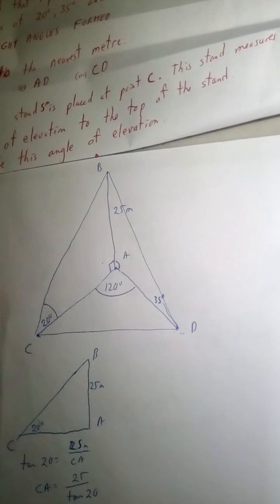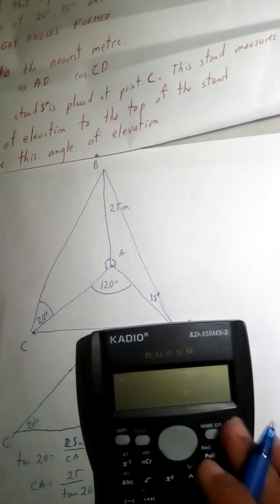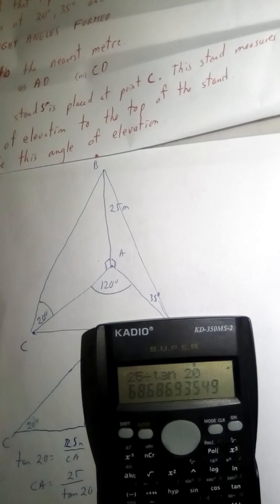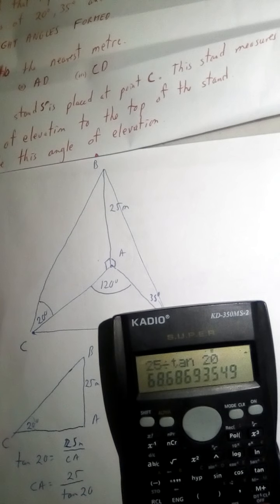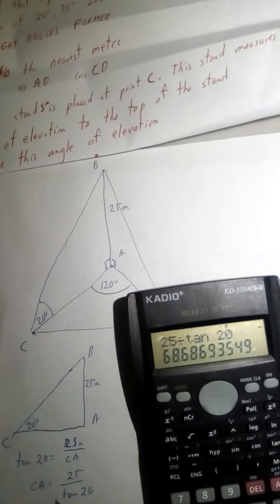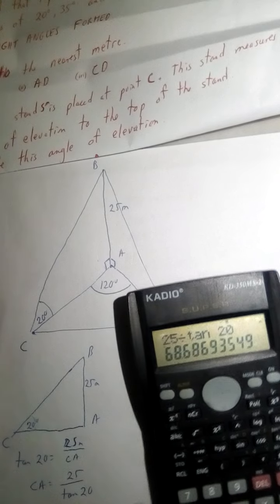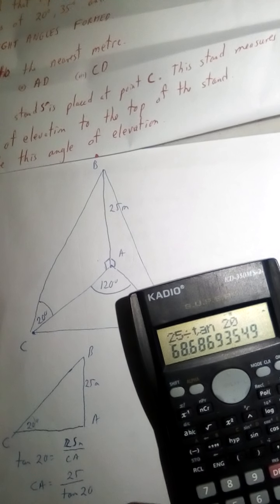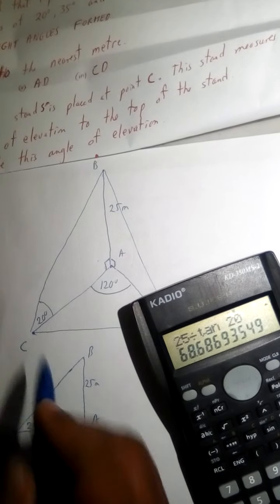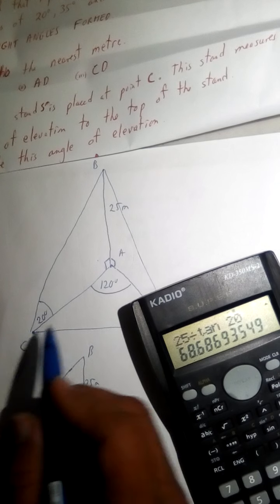So 25 divided by tan 20 equals 68.686. Round it off to one decimal point since we are working with whole numbers, and that gives us 68.7, 1 dp. So that's the length of CA.